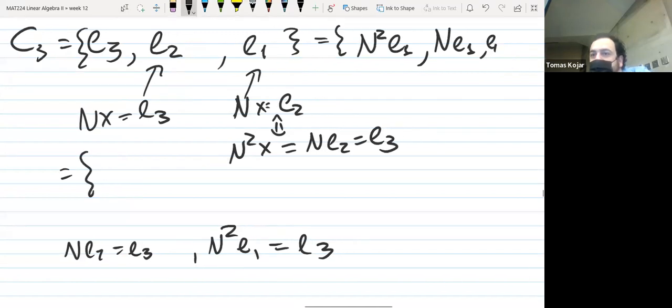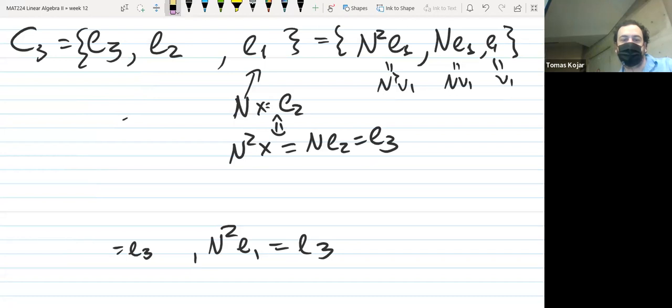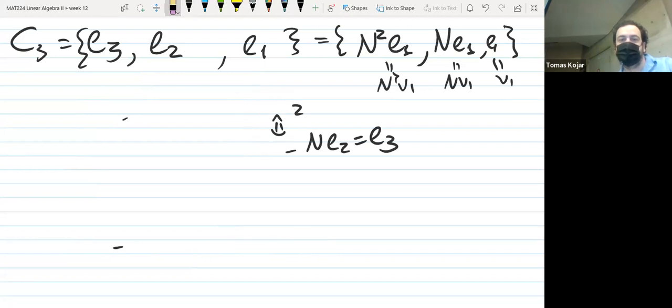Okay, so I will do this again just to make sure you understood how we did this. And this will be the V1, this will be the N V1, and this will be the N squared V1. Okay, so let me explain again. I will clean this up and redo it, just to make sure we're on the same page.